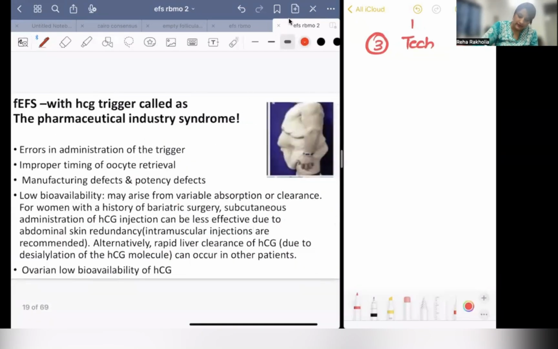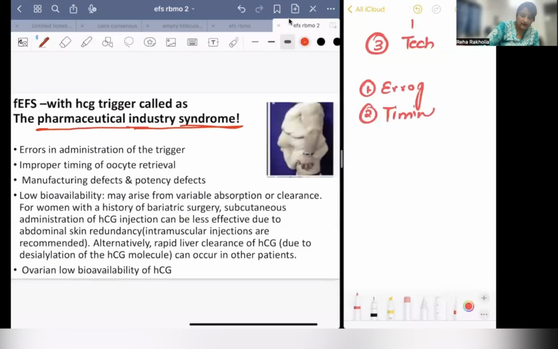Then, what is pharmaceutical industrial syndrome? Either error in administration of the trigger or timing is wrong. False empty follicular syndrome with HCG trigger is called the pharmaceutical industrial syndrome.